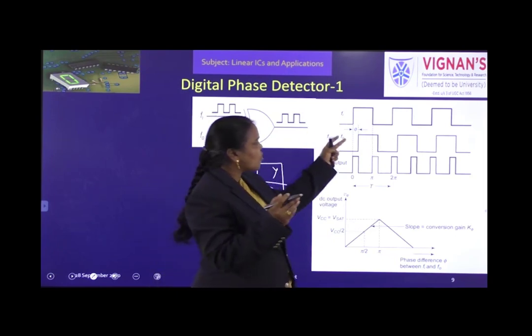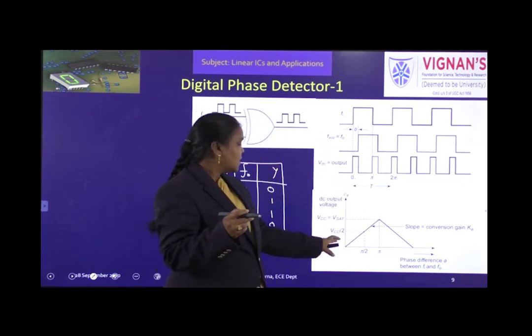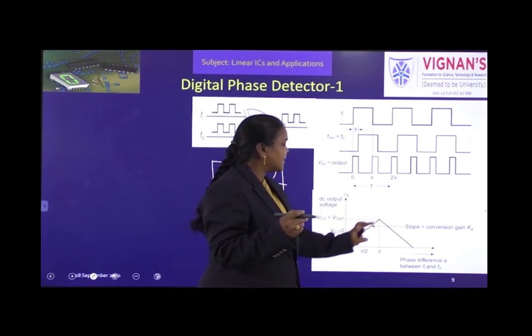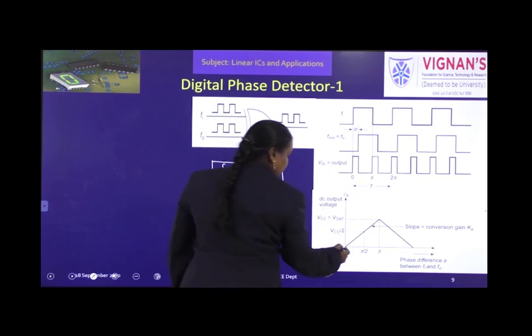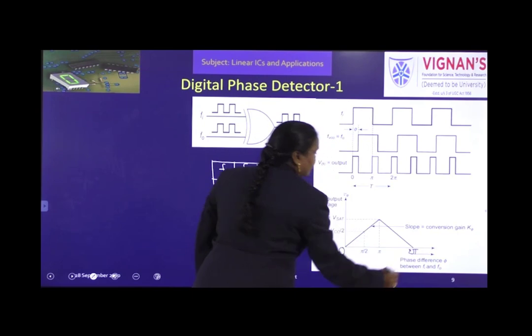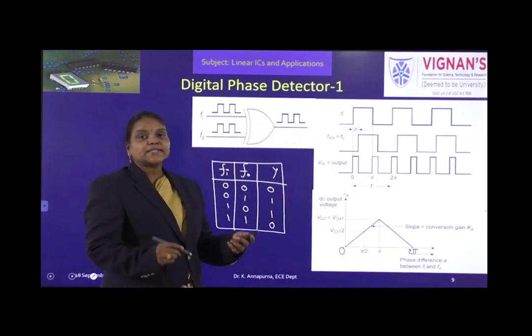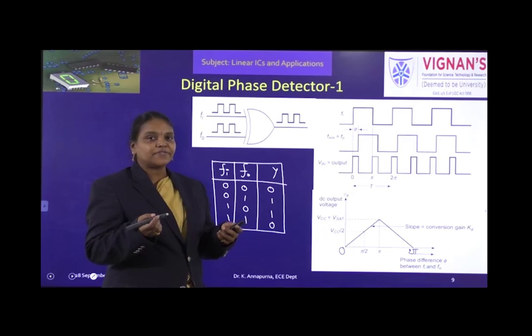So when there is no coordination means your error signal will be increasing. So from 0 to pi it is increasing, and pi to 2 pi again it will decrease.